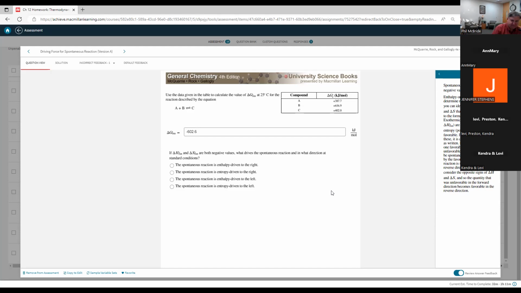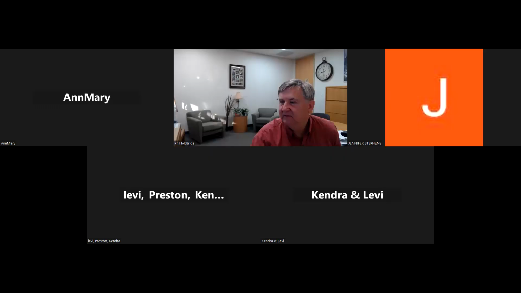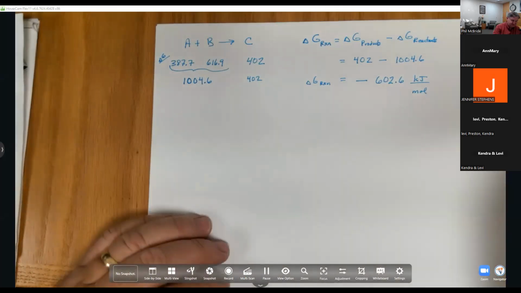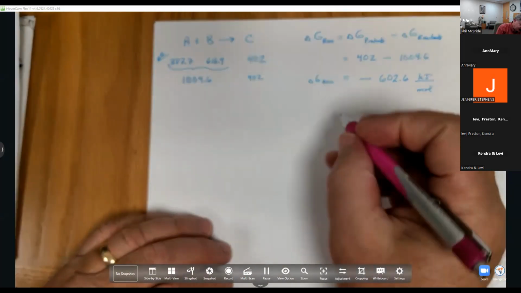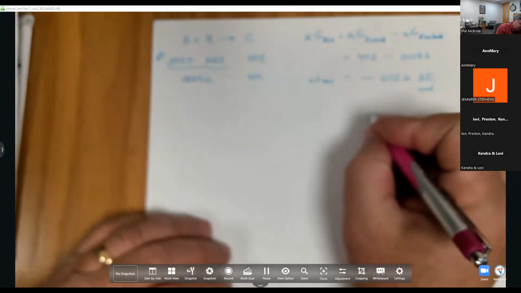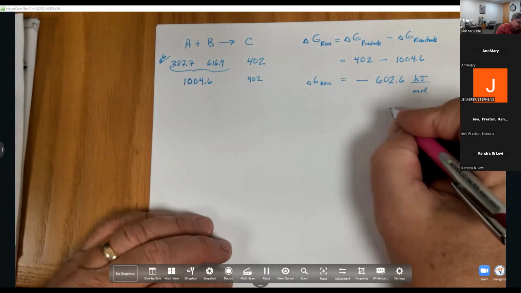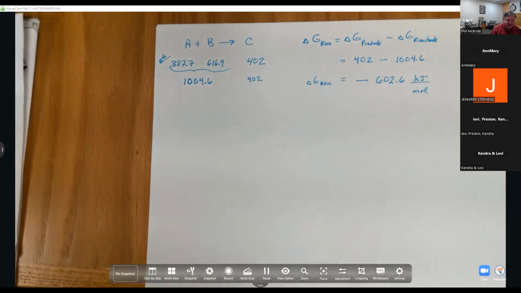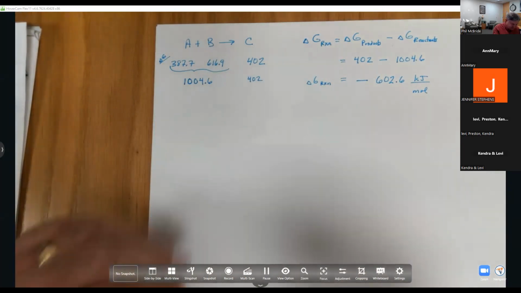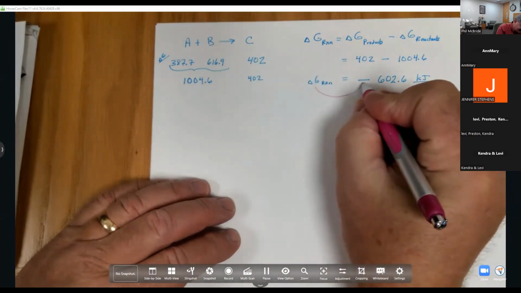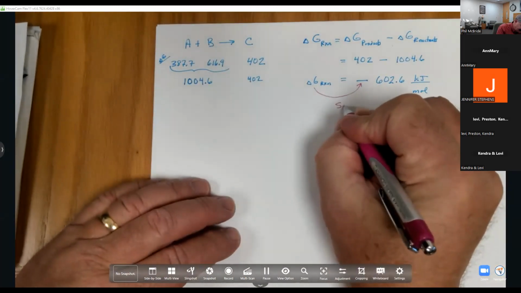It is spontaneous. So delta G negative: spontaneous or non-spontaneous? Spontaneous. Right, so whenever delta G is negative, we are spontaneous.